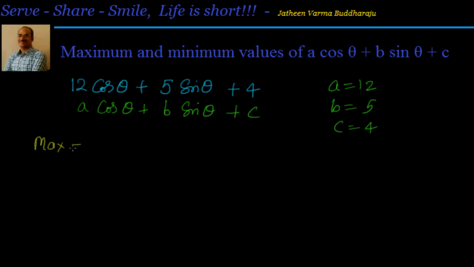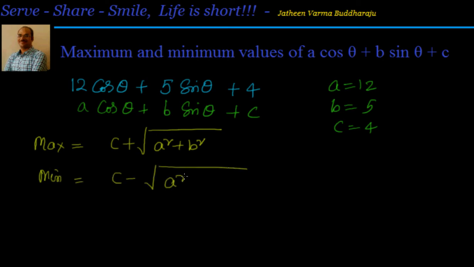Max value is equal to c plus square root of a square plus b square, and min value is equal to c minus square root of a square plus b square. If you want, you can explain in detail whatever we have done in the last screen, how you got this value when you are solving this problem too.